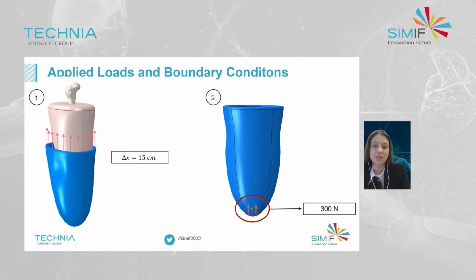And the displacement applied to the socket was made in a quasi-static step, where the velocity needs to be as low as possible to minimize the dynamic effects, but using a reasonable time of calculation. And the approximate velocity was 6 mm per second.